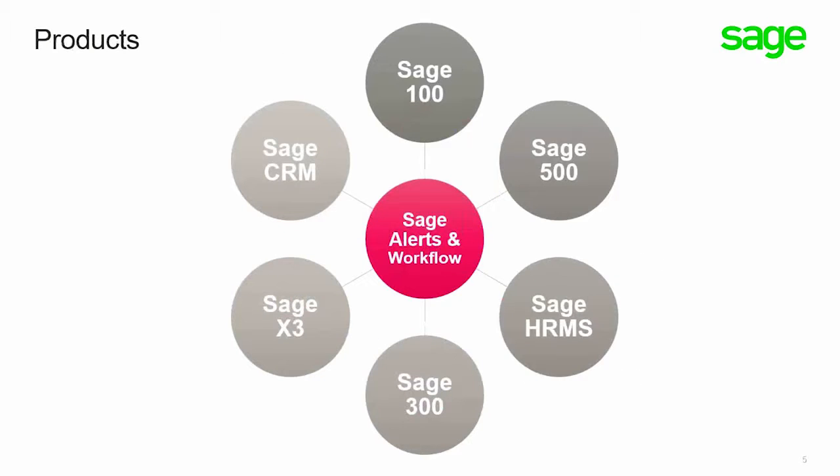Before I get into the details of that technology, however, I would like to mention that although today we're talking about Sage Alerts and Workflow specifically for its use with Sage 300, it can be used with your other business applications as well, whether those are applications from Sage software like Sage CRM, or applications from other vendors.